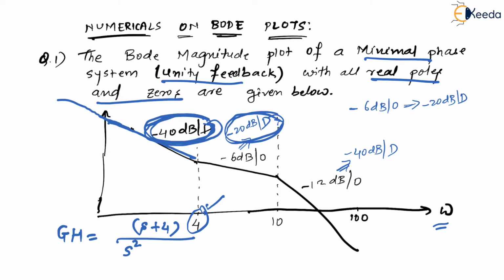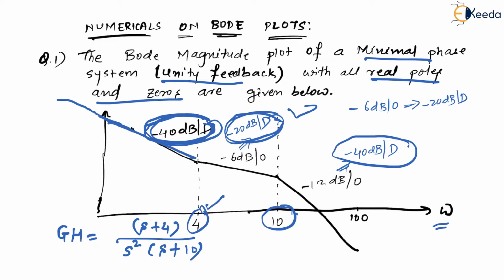Now, next. What happened at 10? This minus 20 dB per decade slope which was there, it got changed to minus 40 dB per decade. Right? Which means minus 20 dB per decade slope was added, which means definitely at 10 you had a pole. So it becomes s plus 10.